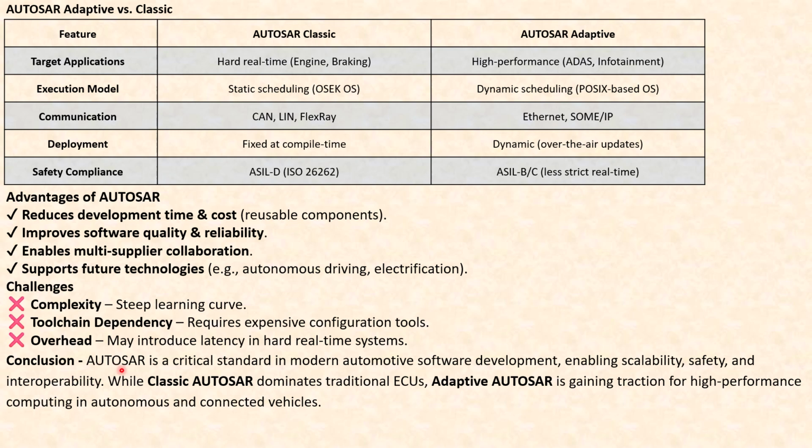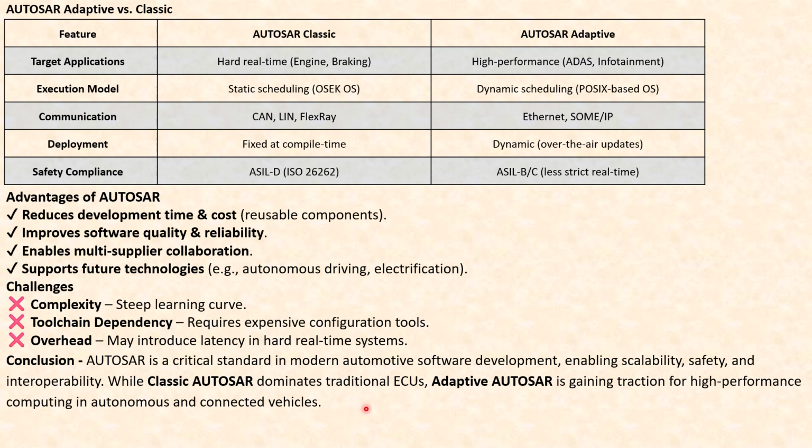Now coming to the conclusion, AUTOSAR is a critical standard in modern automotive software development, enabling scalability, safety and interoperability. While Classic AUTOSAR dominates traditional vehicles, Adaptive AUTOSAR is gaining traction for high performance computing in autonomous and connected vehicles.